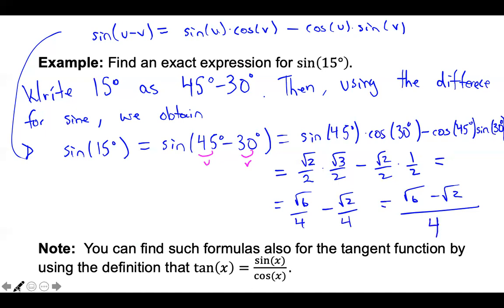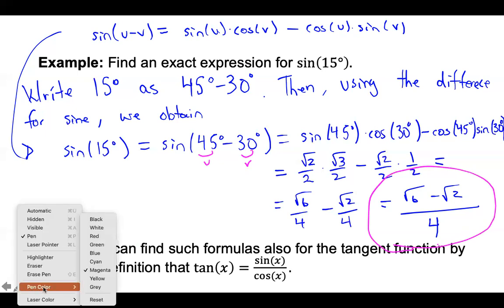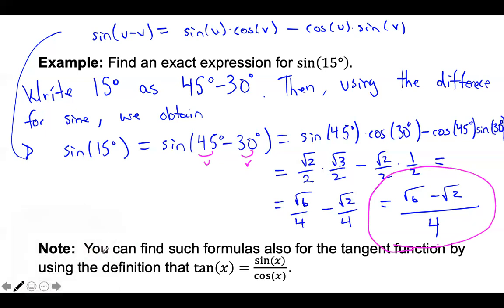So we get our final answer right here. And so square root of 6 minus square root of 2 divided by 4 is our final answer. But once you set it up, it's essentially just plugging it in and simplifying.